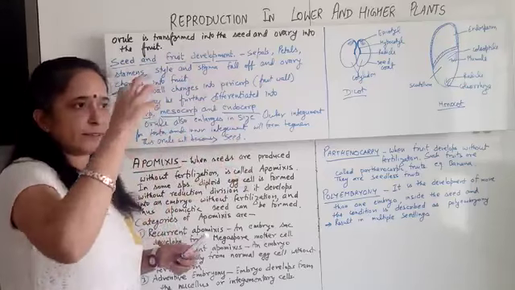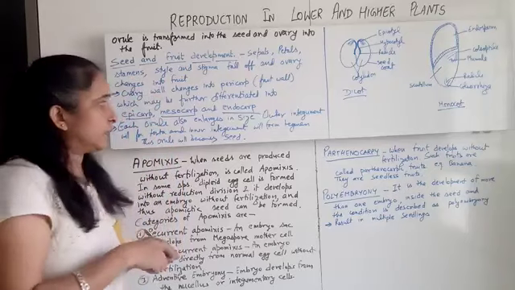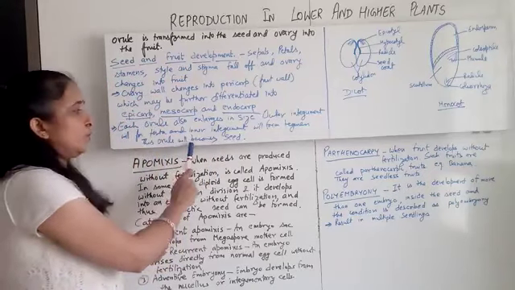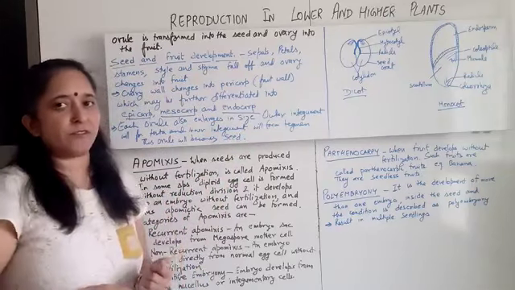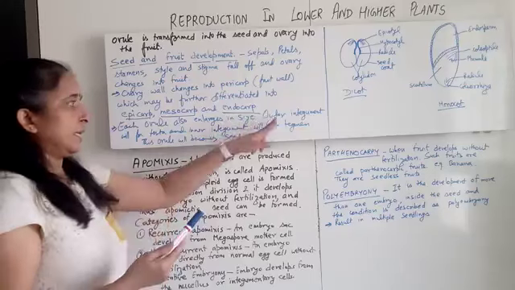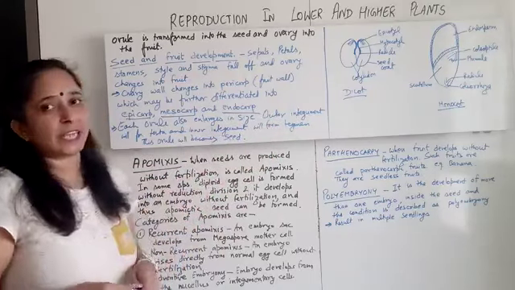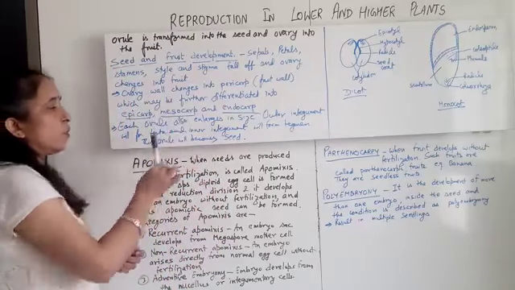So testa and tegmen are the two layers of the covering of the seed. The seed is formed by the ovule, so this ovule will now become a seed having two outer protective coverings, testa from the outer integument and tegmen from the inner integument. Okay, so these are the ovary changes and this is the ovule.